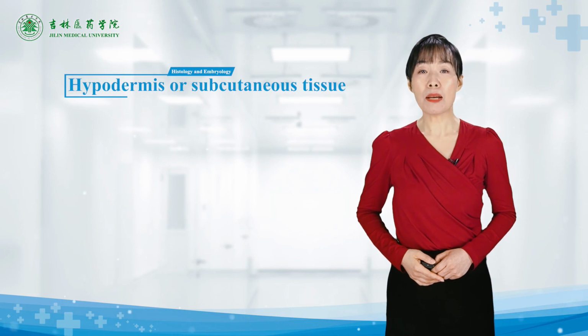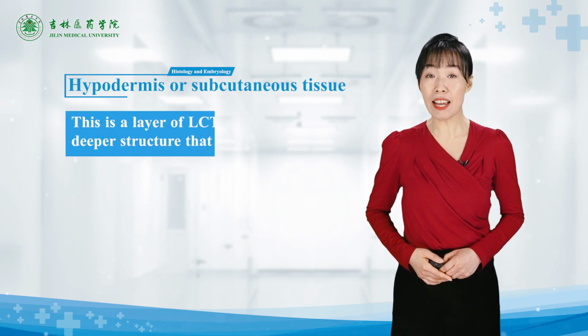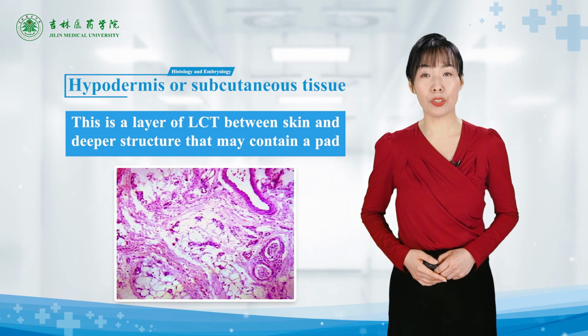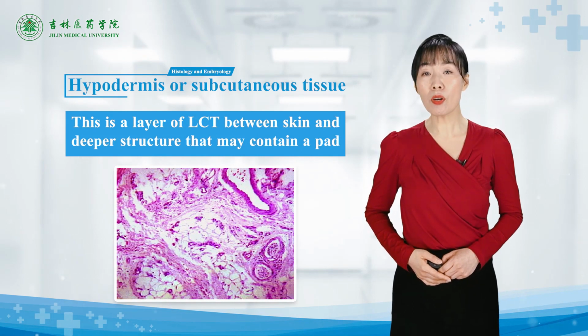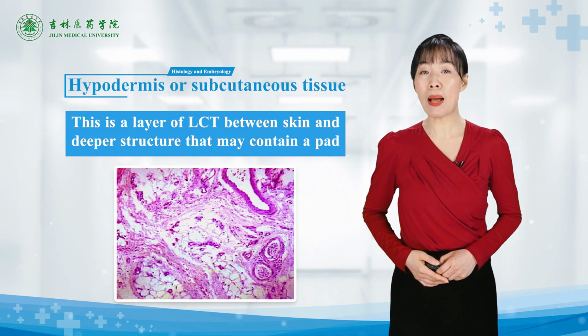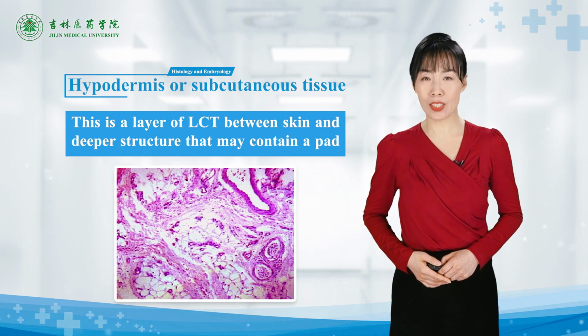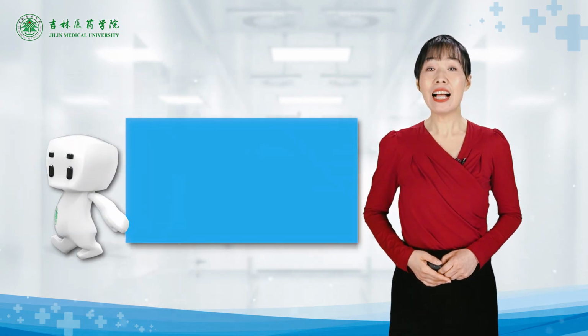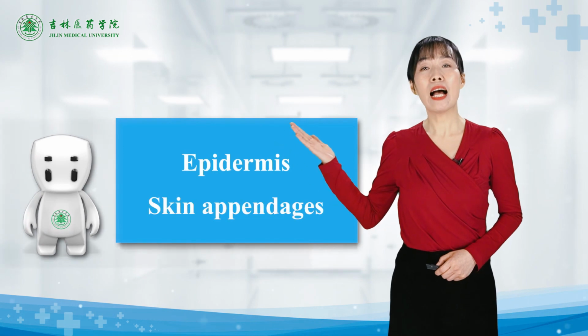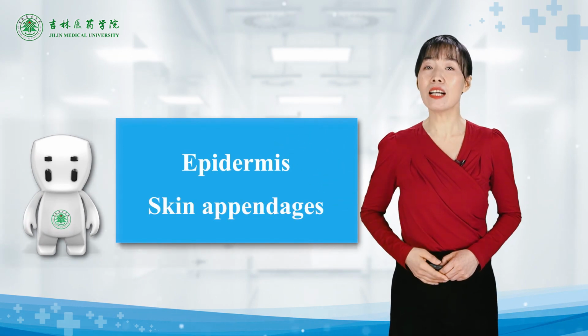Hypodermis or subcutaneous tissue is a layer of loose connective tissue between skin and a deeper structure that may contain a pad of adipose cells. In this class, we mainly learn epidermis and skin appendages.